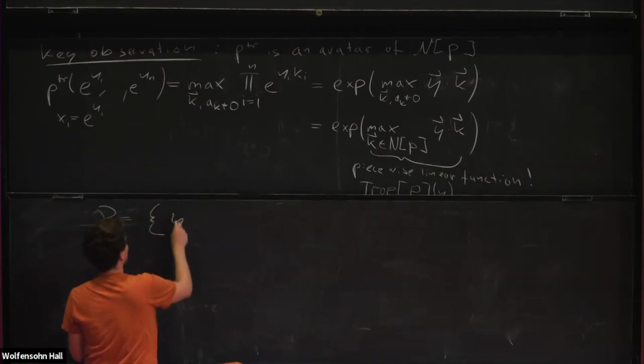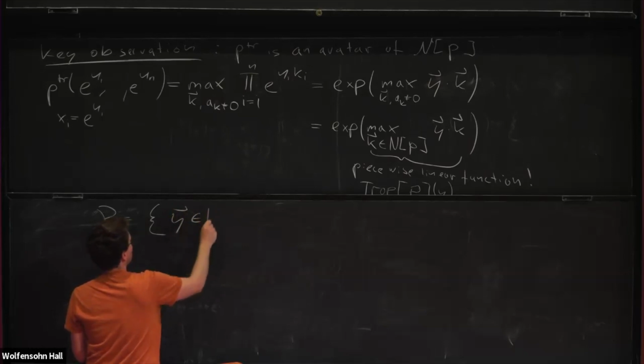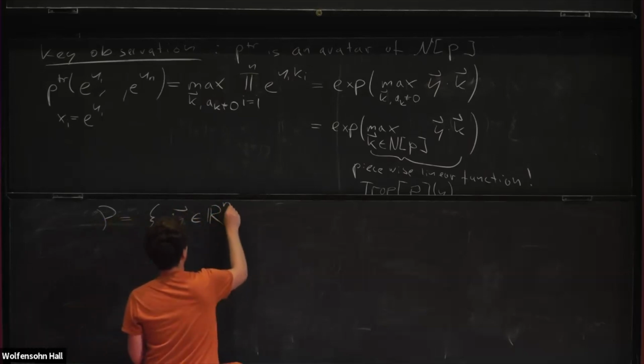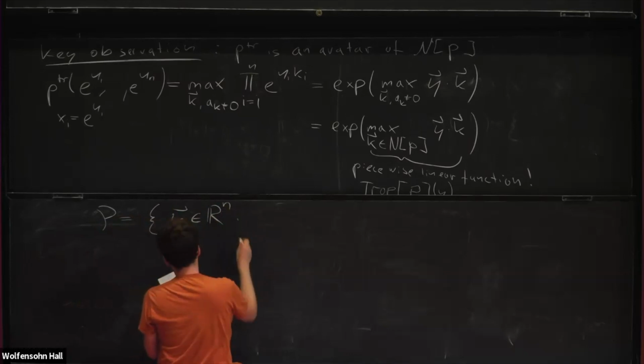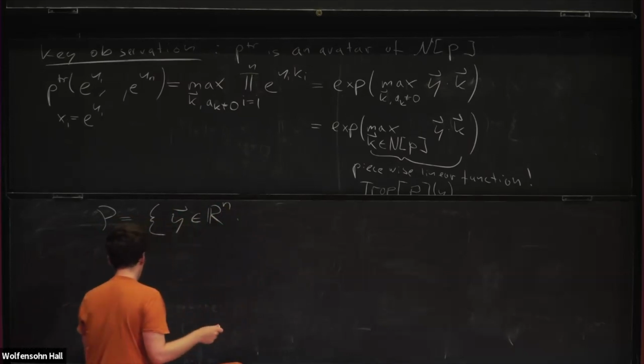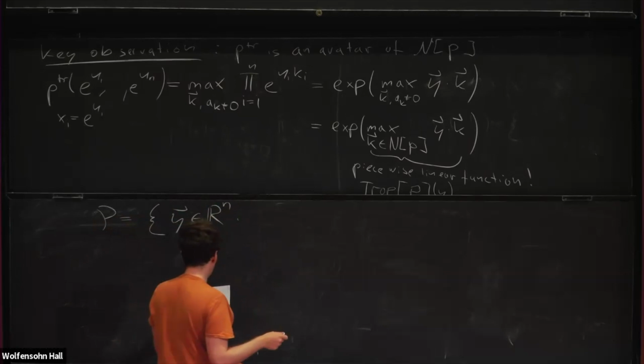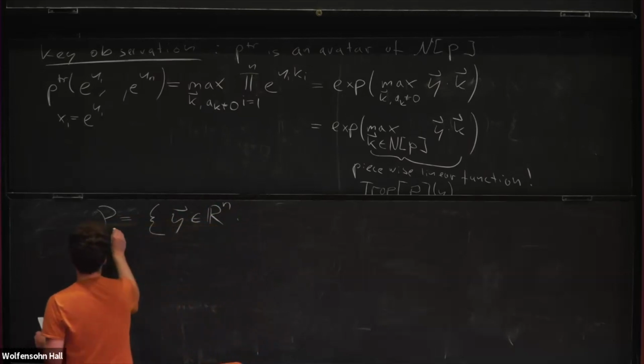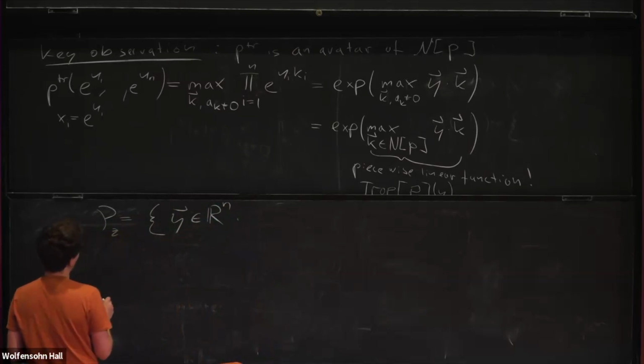We take all vectors y in R^n, and to write down this polytope, it depends on a function z, which is a Boolean function.